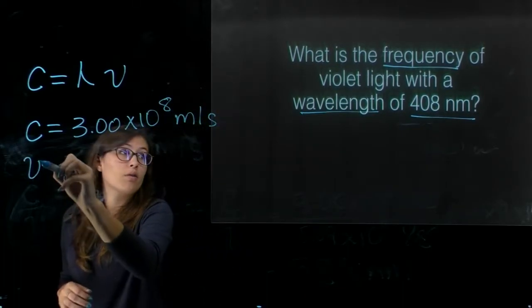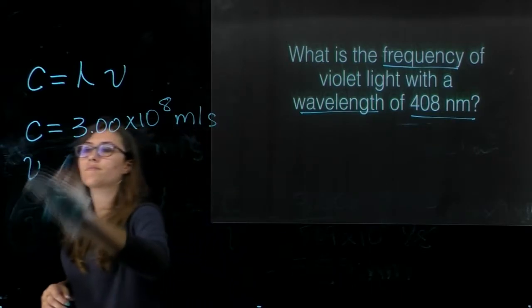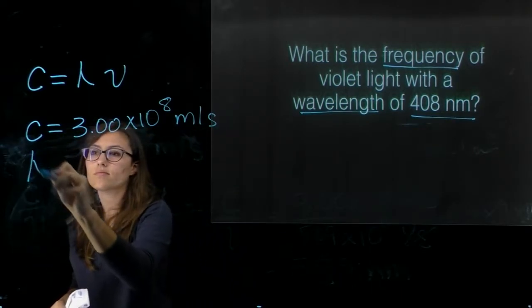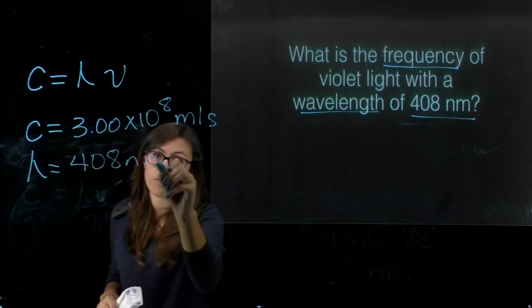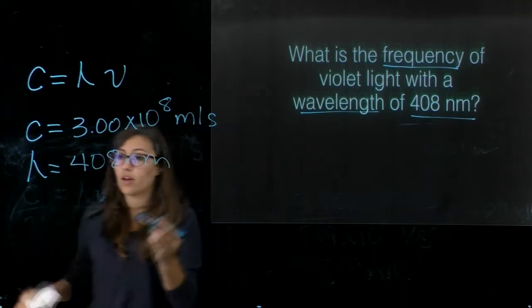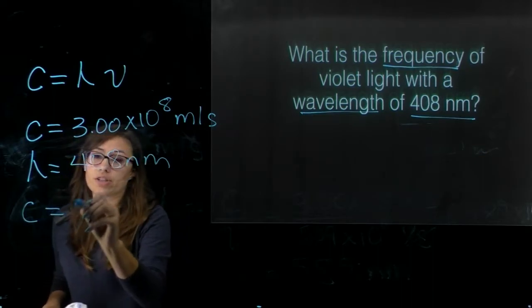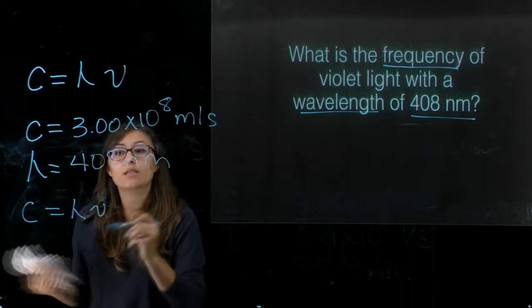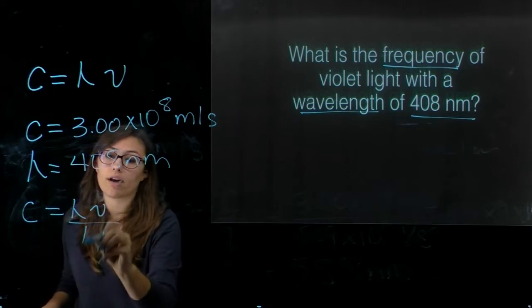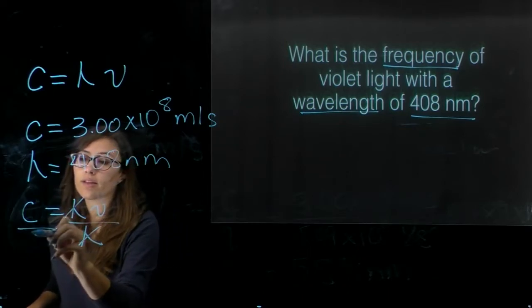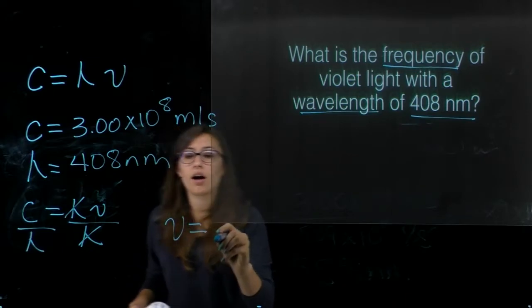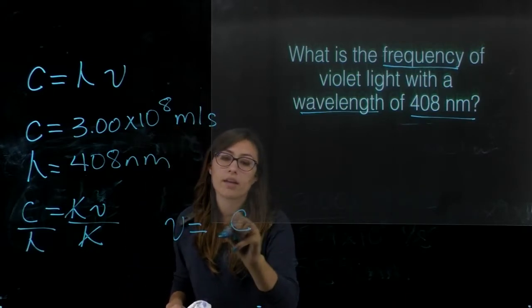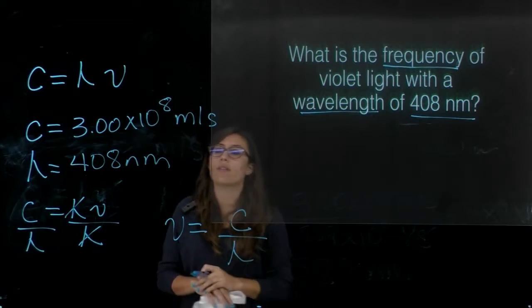We know what our wavelength is, 408 nanometers, and what we are looking for is our frequency. So we're going to manipulate this equation again. But in this case, we are solving for frequency, so we divide each side by wavelength. And so we now have the equation, frequency is equal to the speed of light divided by wavelength.